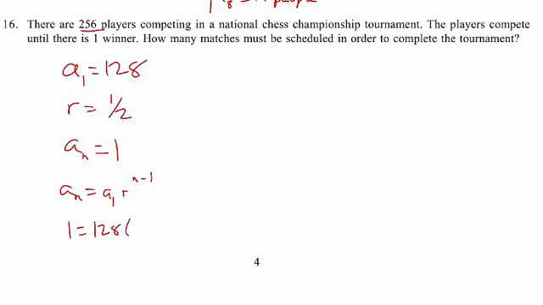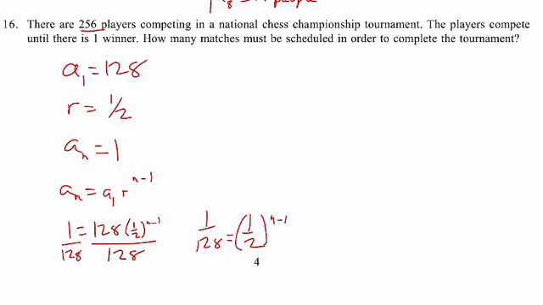Our r is 1/2, and that's being raised to the n minus 1. Now, the easiest way to go about this would be to start off by dividing by 128, and you end up with 1 over 128 equals 1 over 2 to the n minus 1.